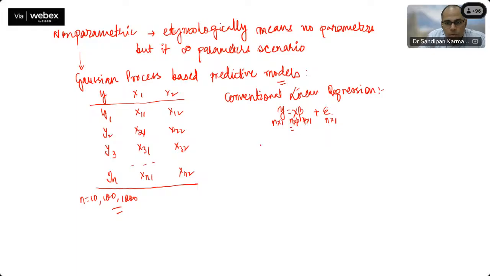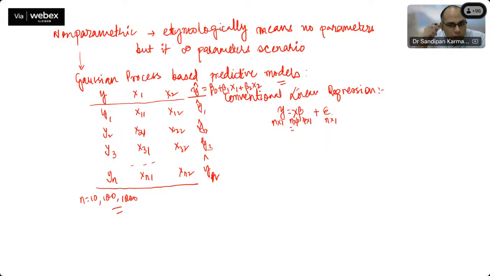So what we are doing is finding the y hat for each case. This will be y1 hat, y2 hat, y3 hat, up to yn hat. These are the predicted values. Predicted value y hat means beta naught plus beta 1 x1 plus beta 2 x2.